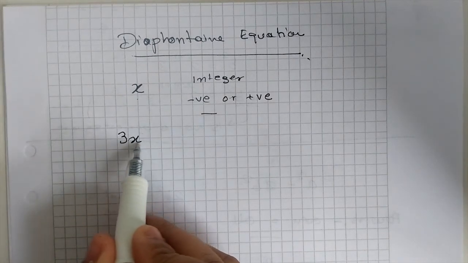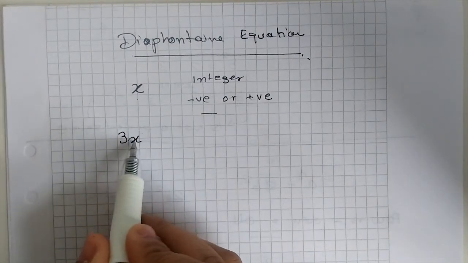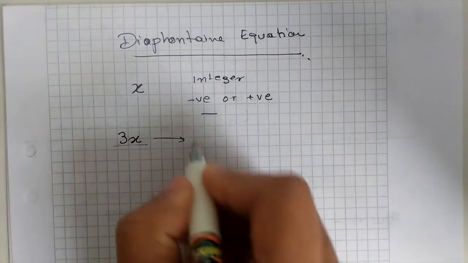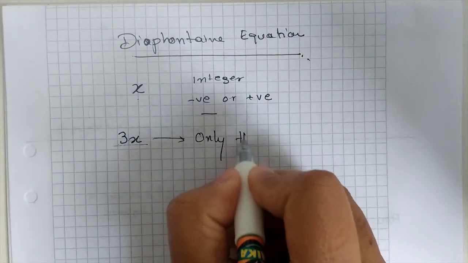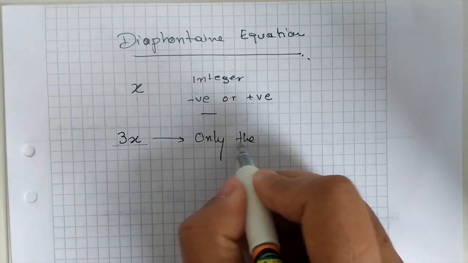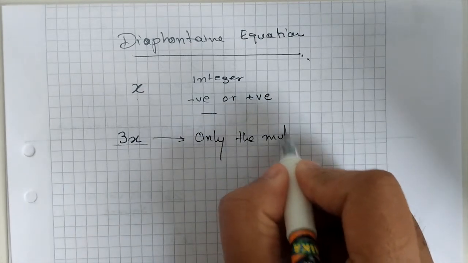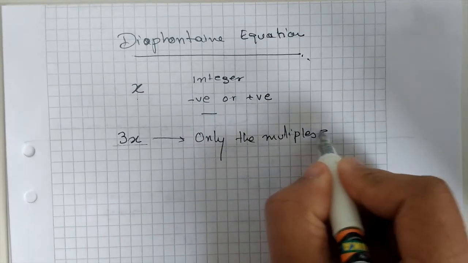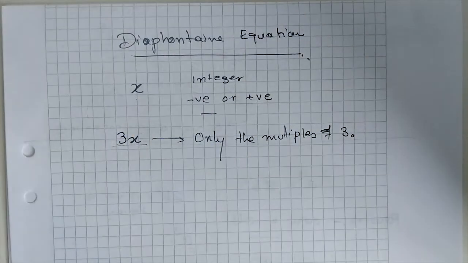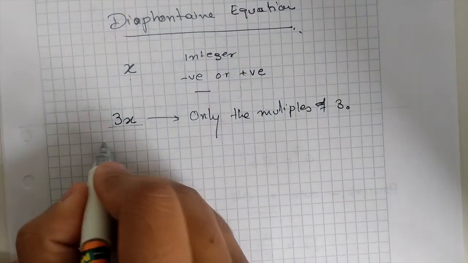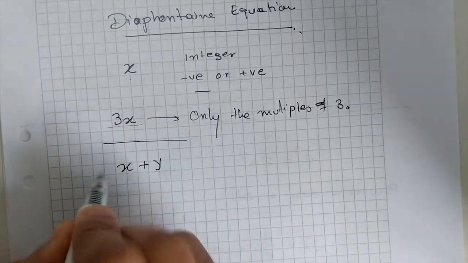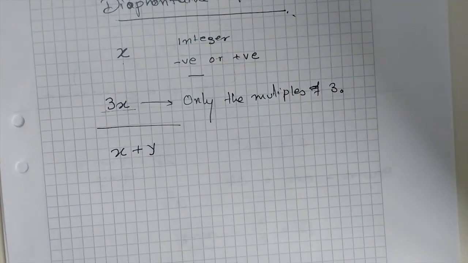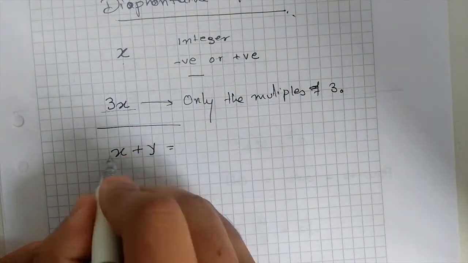If you are allowed to put any value on x, then for 3x we will get only and only the numbers that are multiples of 3, right? Okay, so if I give you two numbers, x and y, and I let you choose any number you want, what will you get from x plus y?